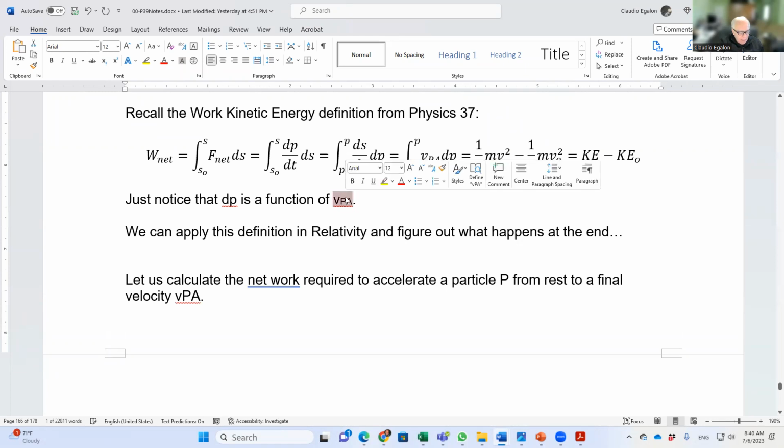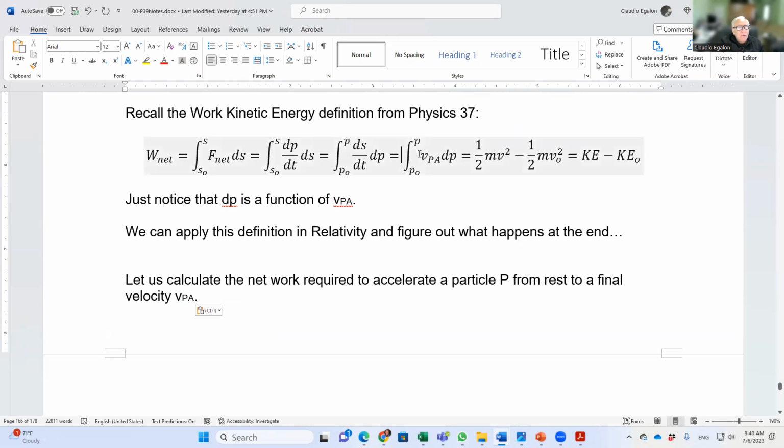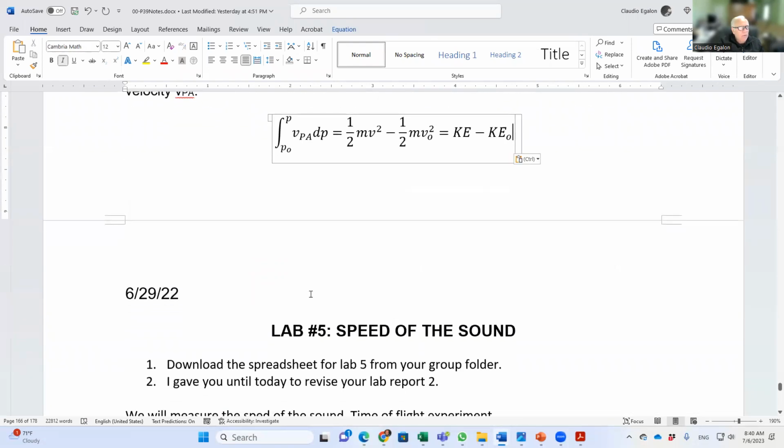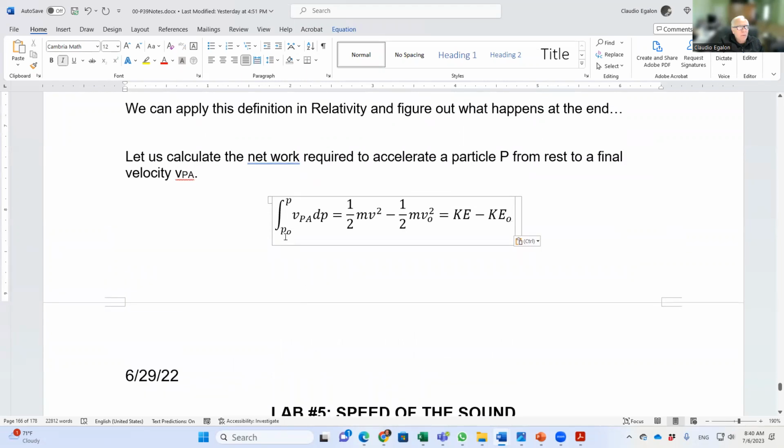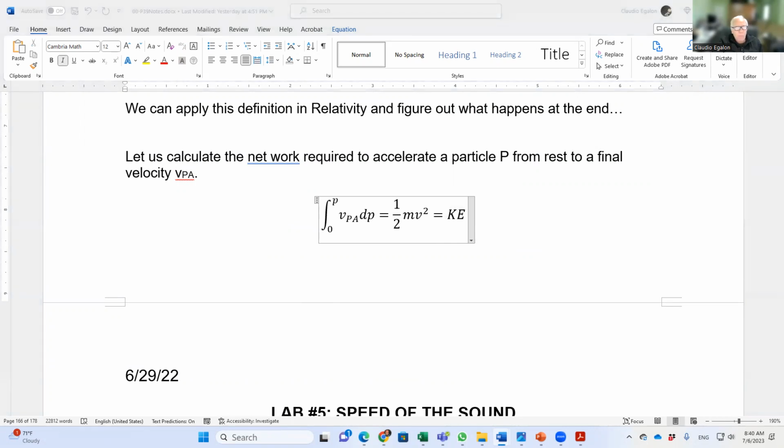Final velocity v_PA. So the way it goes is supposed to be something like that. If the initial velocity is zero, automatically the initial momentum has to be zero, right? So if the initial velocity is zero, this term here has to be zero. And this initial kinetic energy has to be zero as well.